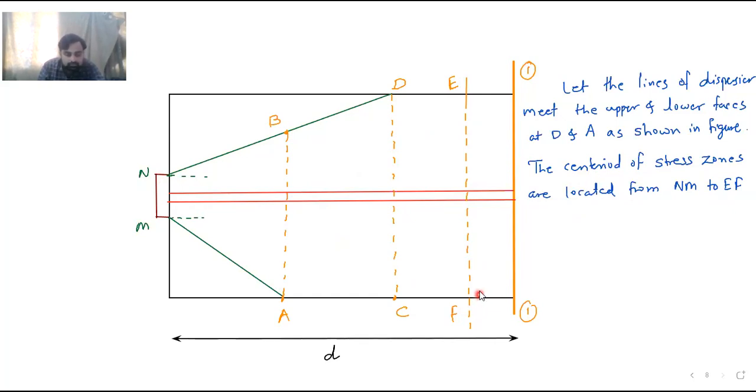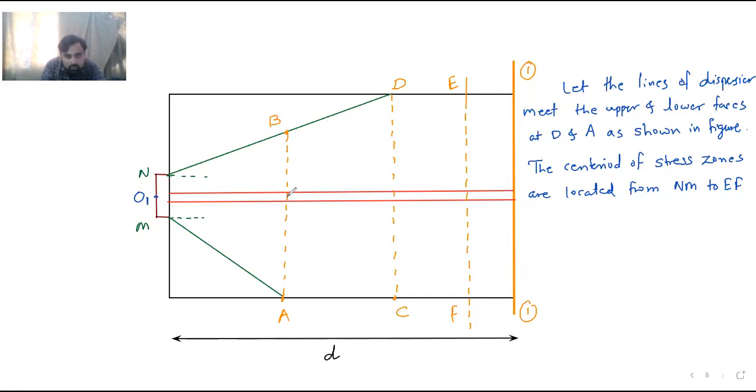So if I locate that centroid over here right now, if I show you where this centroid is, then suppose now O1 at this point here, O1 is the centroid of this NM. It will be at the center now, it is rectangle. So O1 is the centroid of this NM.